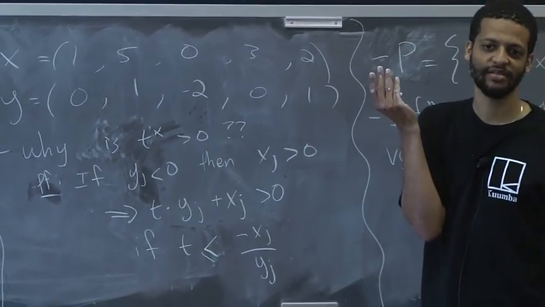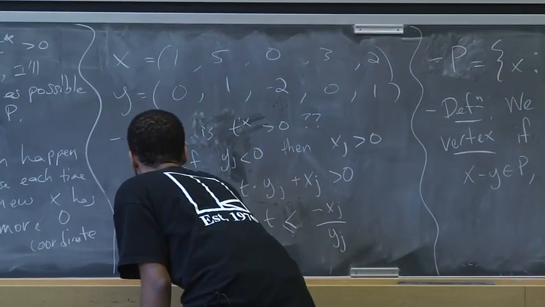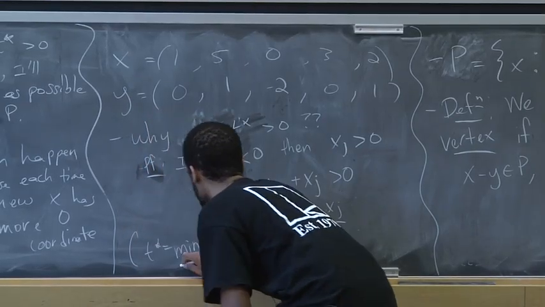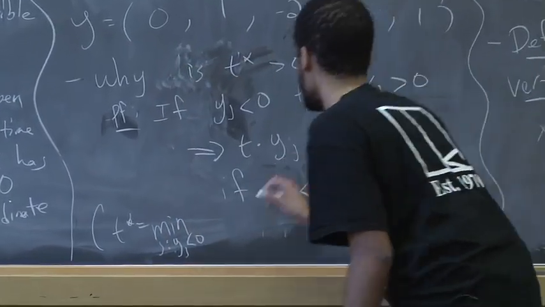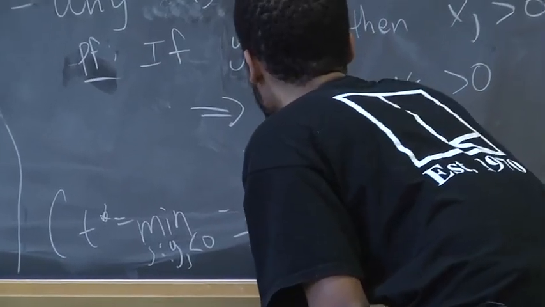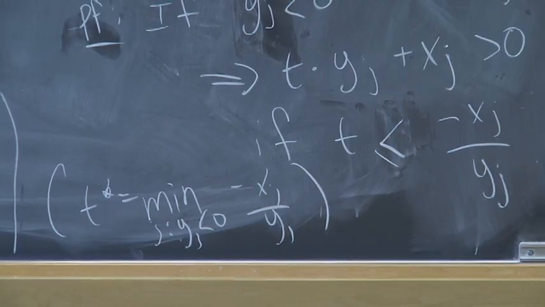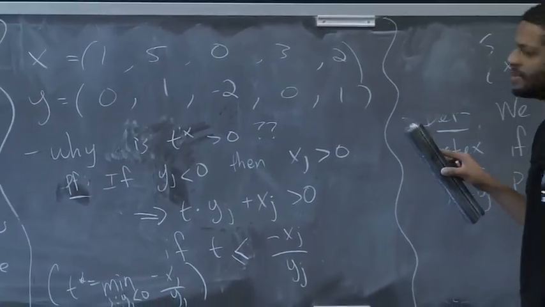That's t star. So t star is just the min over all j such that yj is negative of minus xj over yj. If you choose t star like that, then you'll still be feasible, and you'll have at least one more zero component in your vector. Does that make sense? Okay.